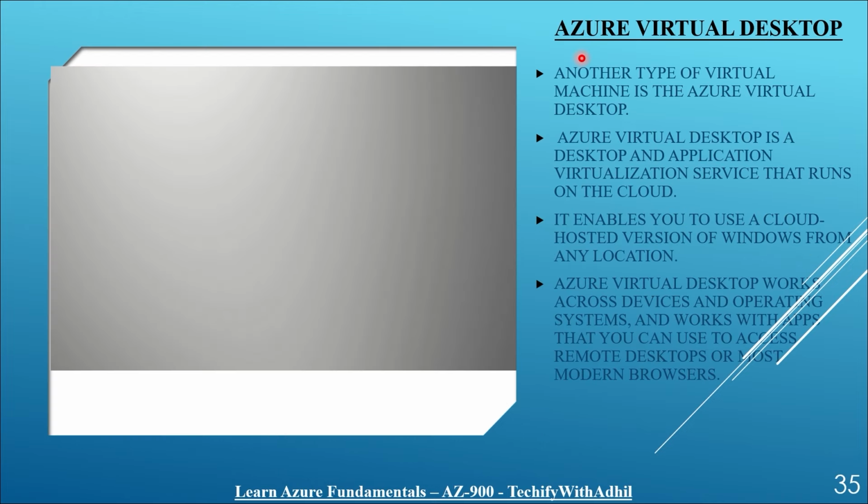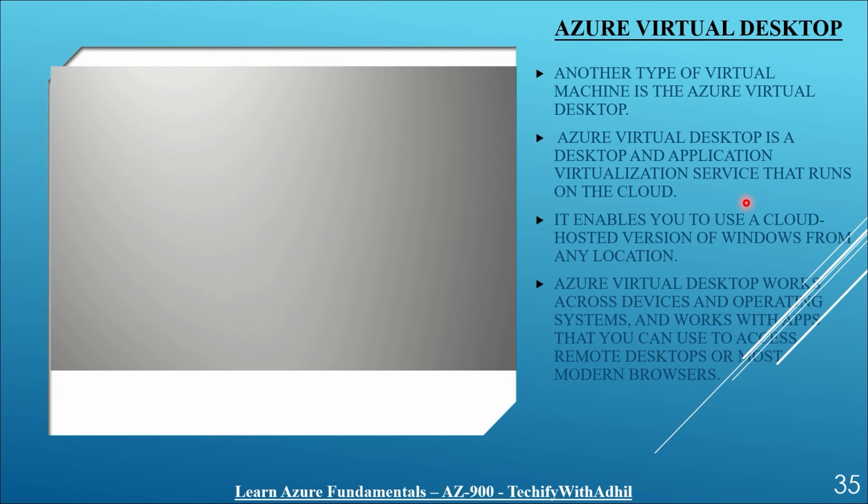The next topic will be Azure Virtual Desktop. Azure VM is what we have been discussing so far, and next is Azure Virtual Desktop. There is a minor difference between them. Another type of virtual machine is the Azure Virtual Desktop, a desktop and application virtualization service that runs on the cloud. The whole entire desktop running on the cloud is offered as a service by Microsoft.